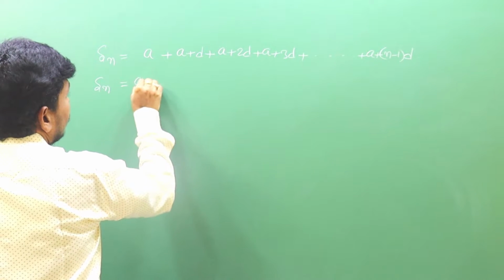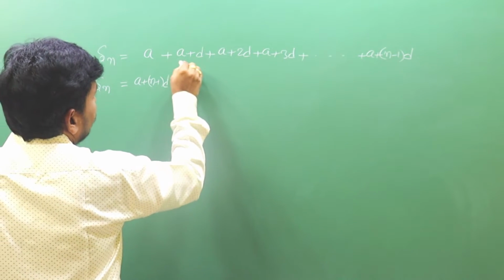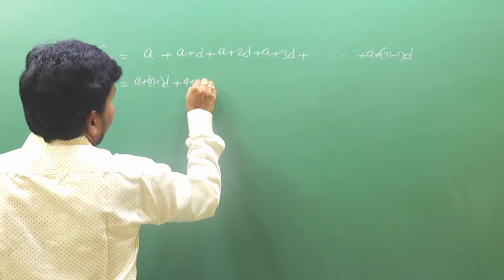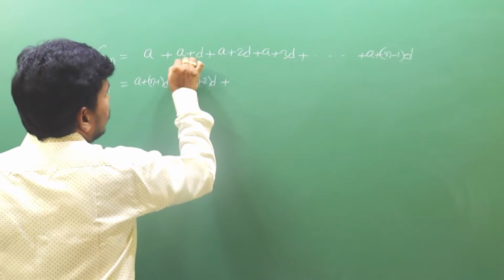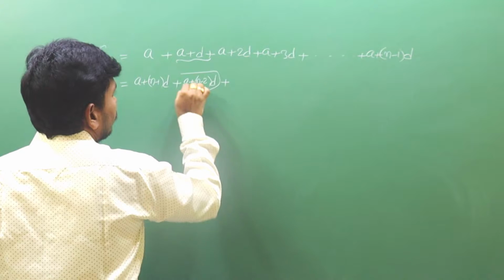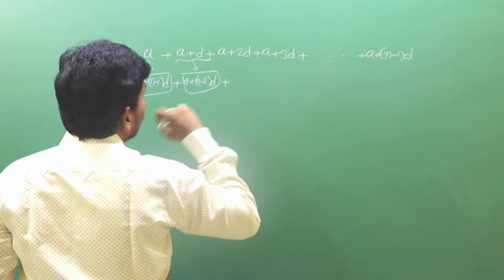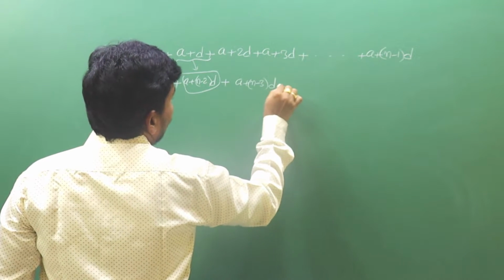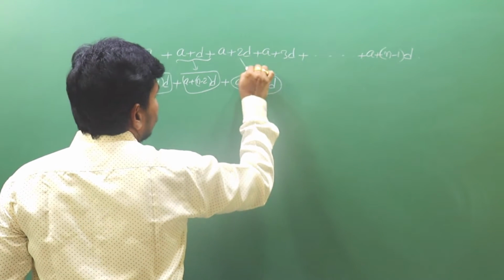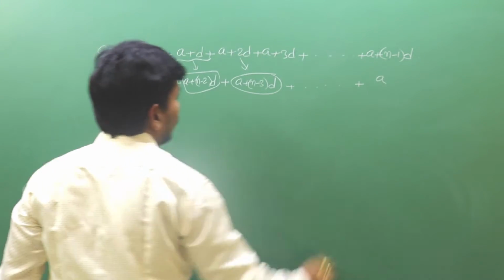The last term you take: a plus n minus 1 into d, plus a plus n minus 2 into d, plus a plus n minus 3 into d, this is the third term, plus so on, plus the last term is a.